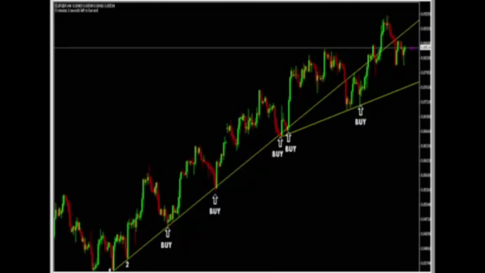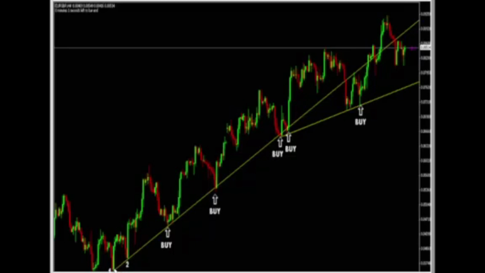But then I want you to notice what happened when the market came to this level and then broke down a little bit, came over here again, came down and created another level here. Now it said first and second points are used to draw trend lines.